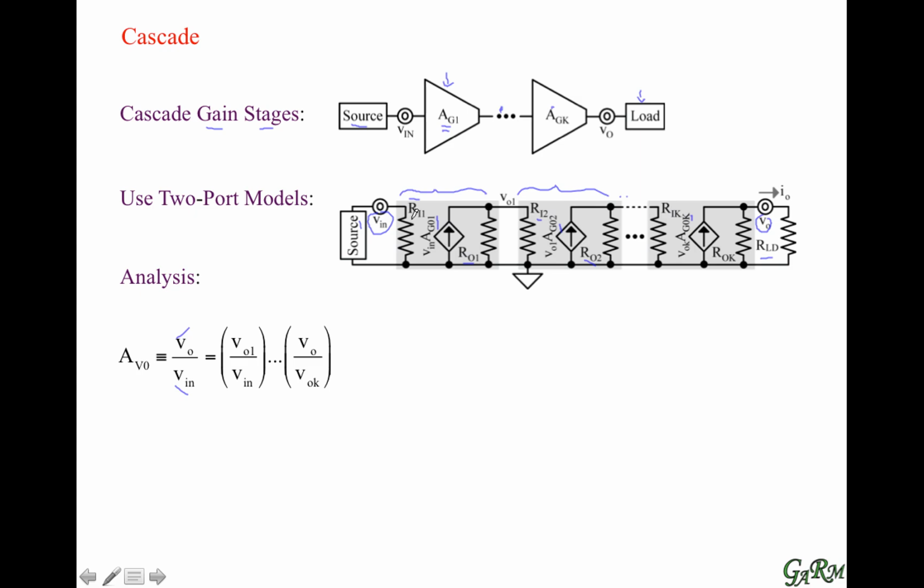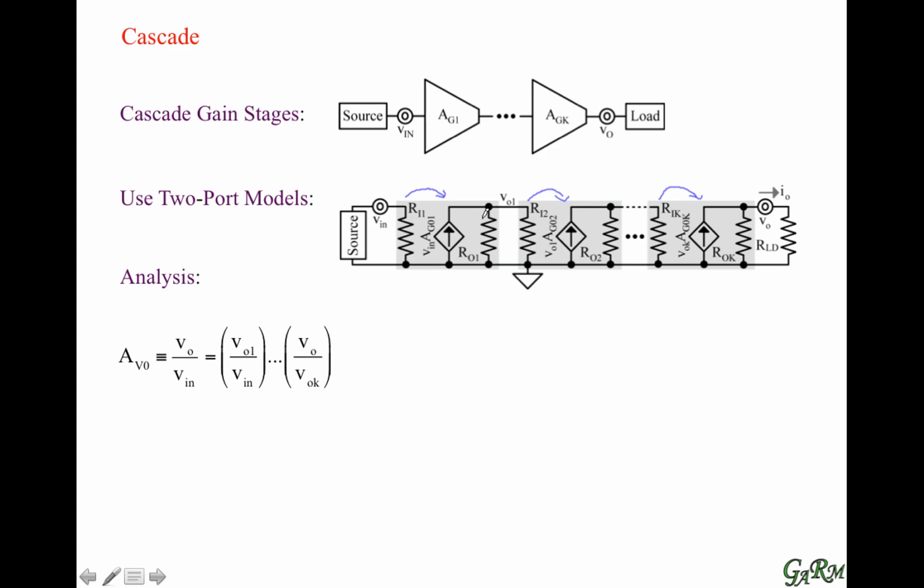First we'll have the small signal translation across the first gain stage. That will drive the second stage, and we have the small signal gain translation across the second, then the third, fourth, until we finally have the gain translation across our last stage.